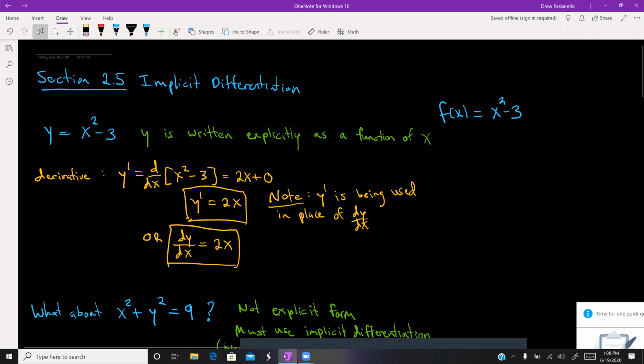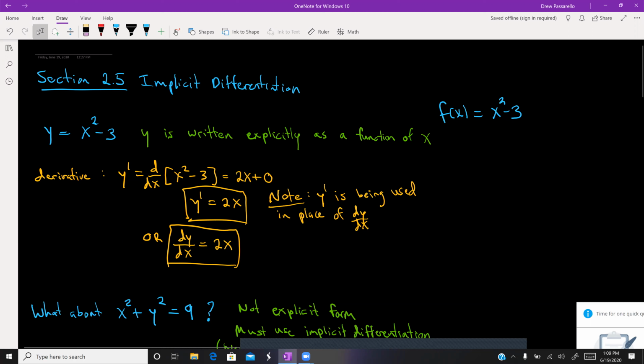And to find the derivative, the notation I was using was y prime equals d dx, and then in brackets is the expression which we're taking the derivative of. Now, the derivative is an operator. Even though it looks like a fraction, this is notation. It says take the derivative with respect to x.